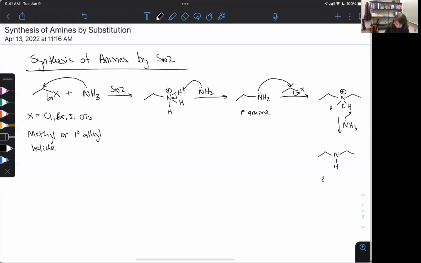And now I've got a secondary amine. But look what I did. I have the lone pair back. So it definitely starts getting a little bit harder as this gets bulkier, but it honestly doesn't slow it down that much. It's just going to go again. So another SN2 reaction here.